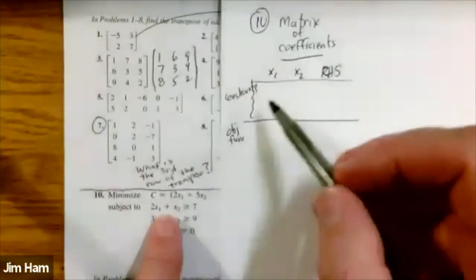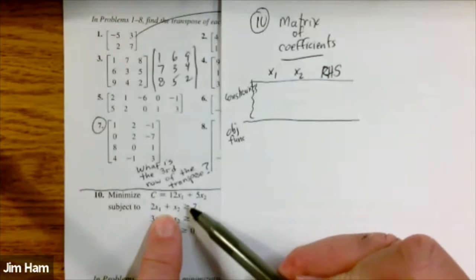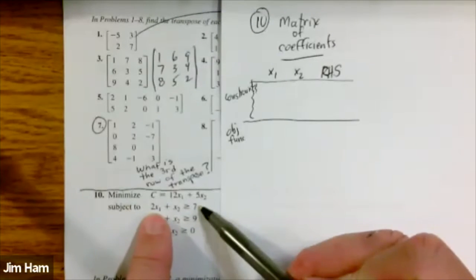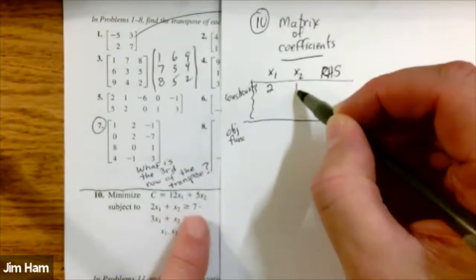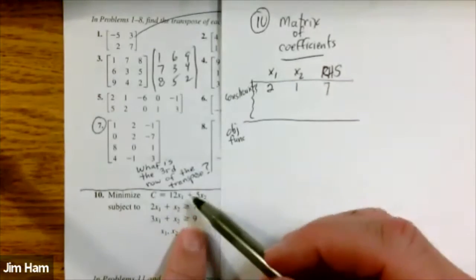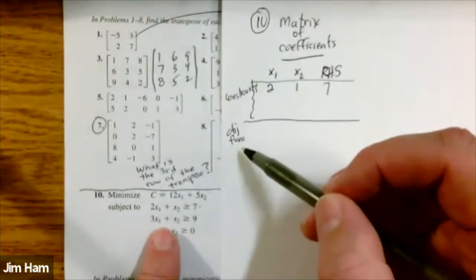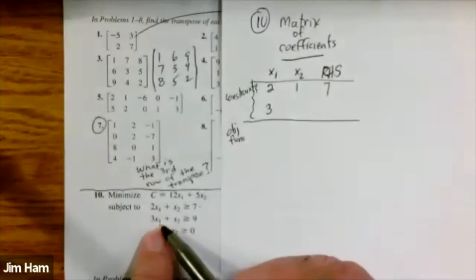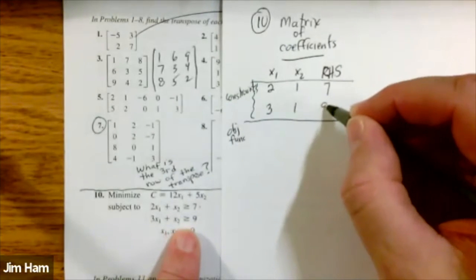So if we start with this inequality, notice that they're both greater than. We're going to write the coefficient of x1, the coefficient of x2, and then the right-hand side. So we're going to form a matrix of coefficients from the constraints and the objective function. Continuing, we have 3x1 plus 1x2, and then on the right-hand side would be 9.